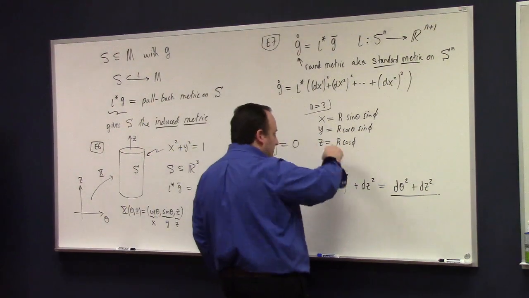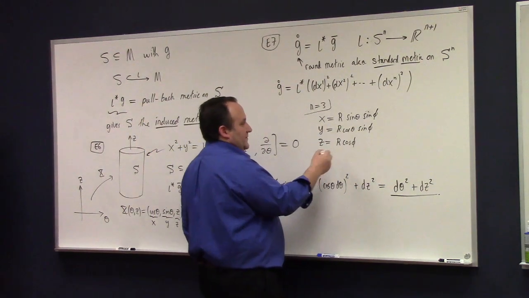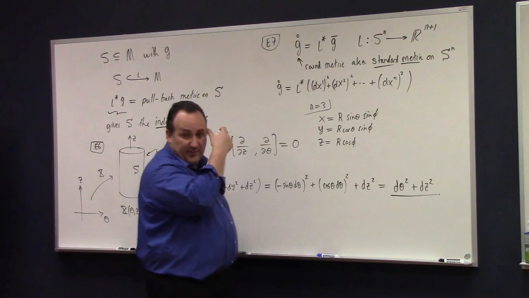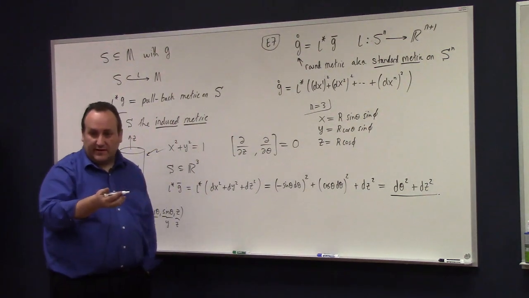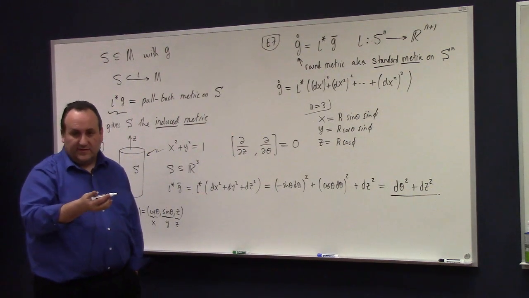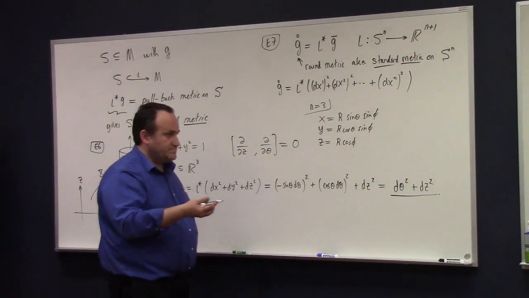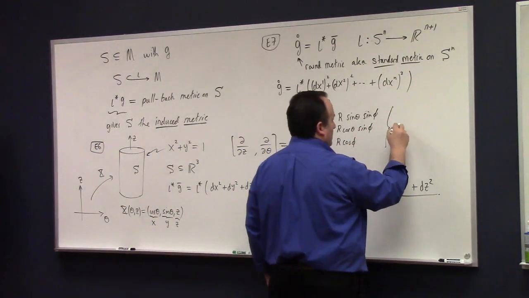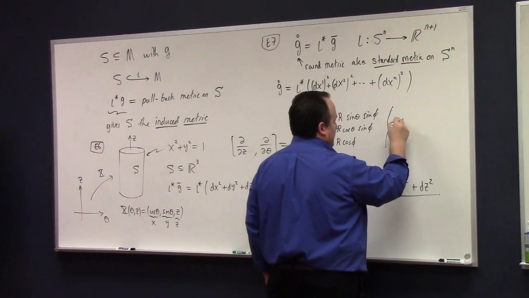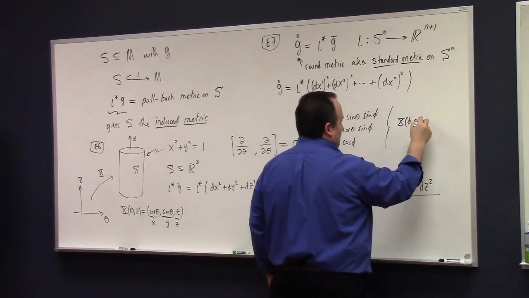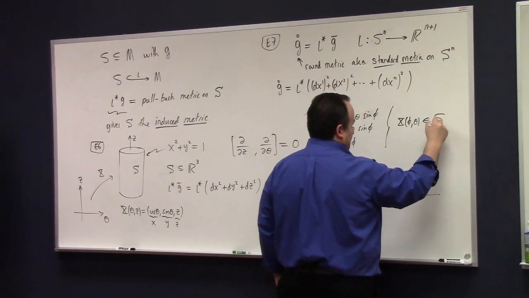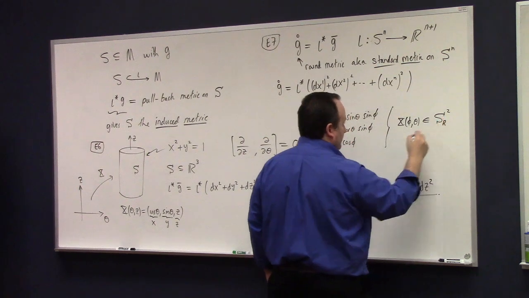So you could take these, and these of course parameterize the two sphere. These give you a patch on the two sphere. So x of phi, theta is an element of the two sphere of radius r, right?